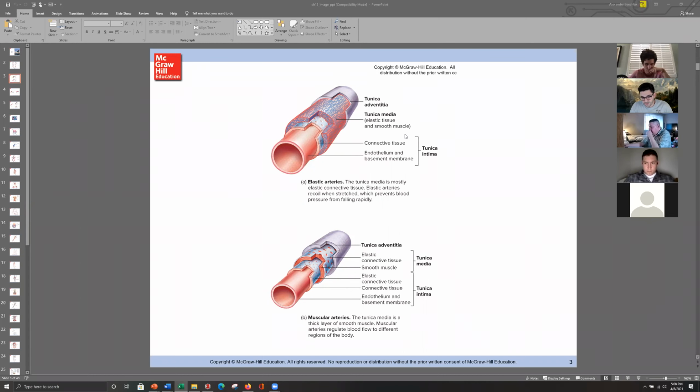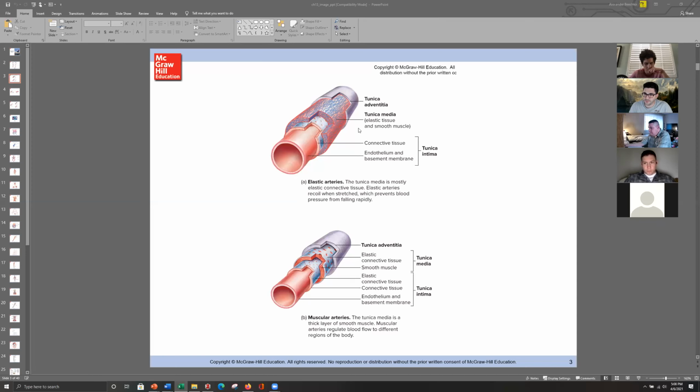So yeah, once again, those three layers of tissue that make up our vessels. So we've got our tunica adventitia that makes up the most superficial layer. And then we've got the media. So the tunica media, this is where we get some variation, especially amongst arteries, but not so much amongst veins. But the media can vary in muscle composition.